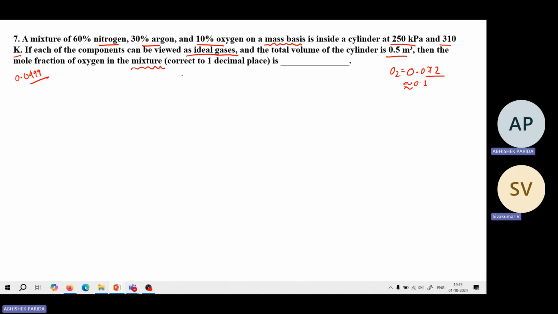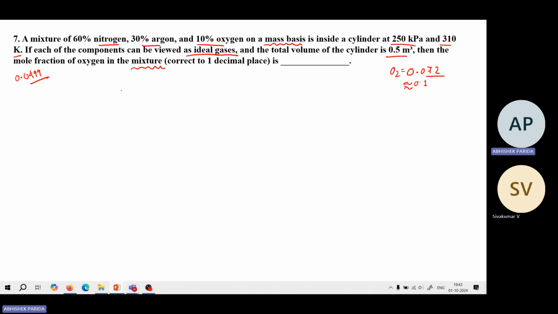Yeah, I understood your approach. Your approach is a bit lengthy, but I think you have made some mistake in calculation. Let us check it out. The approach is correct, I think. So let's start. First of all, the best thing in this question is that it has given the mass basis. If it was a volume basis, then this question would have been lengthy.